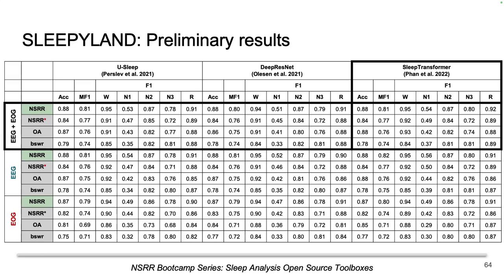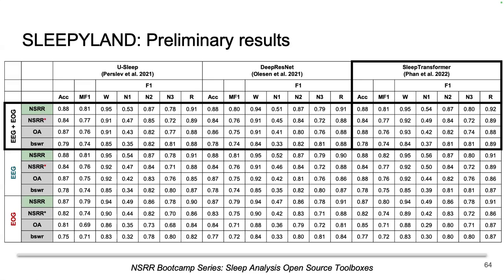But in general, at the moment, what we are noticing is that on average, there is not a big difference in terms of performance between these models. But what we are noticing is that there are some models achieving an F1 score in N1 higher compared to the N3 with another model on a specific set of subjects.